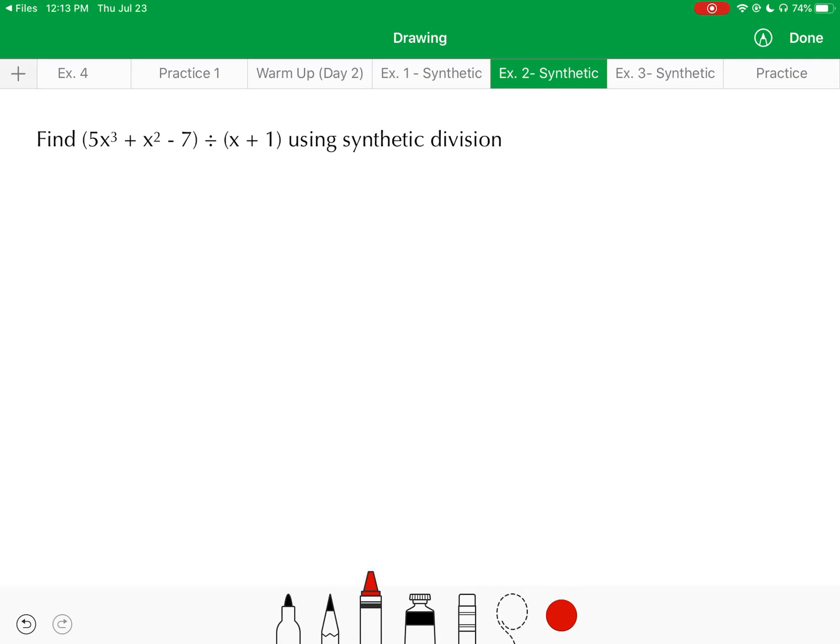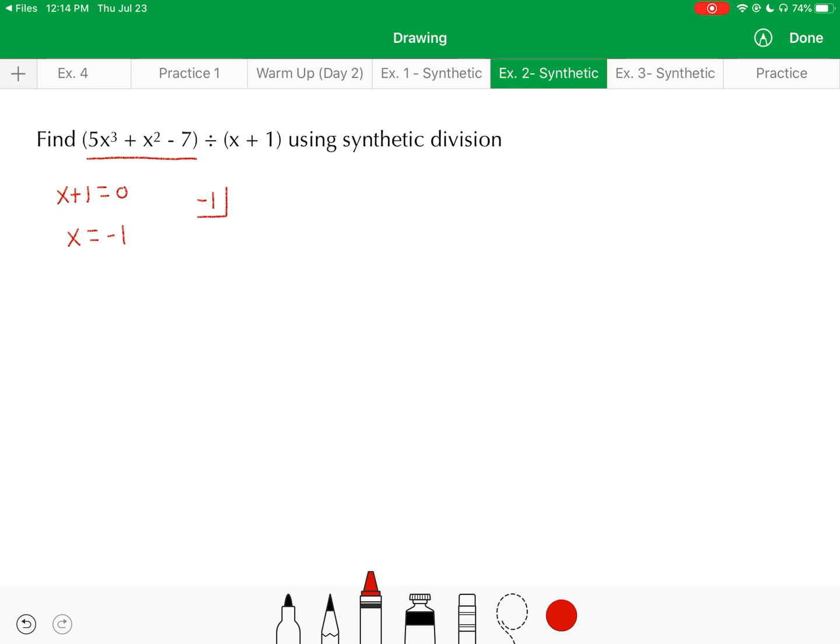All right, so notice the divisor here is again x plus 1, which means this is perfect for synthetic division. I take that divisor, set it equal to 0. X equals -1. That's the number that I put in the box. Okay, now notice my dividend: 5x cubed plus x squared minus 7.